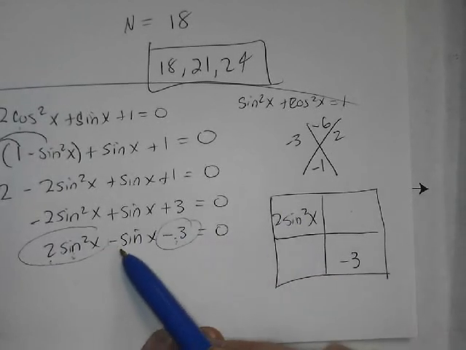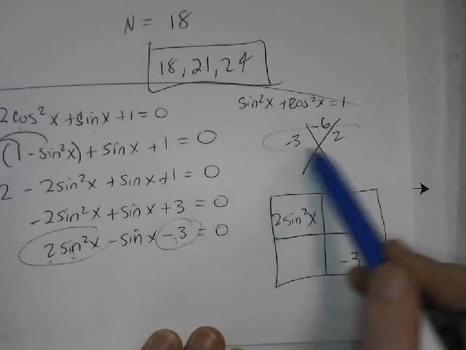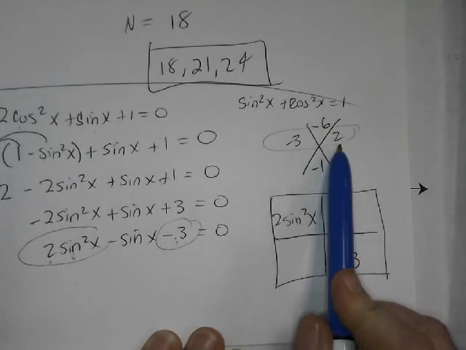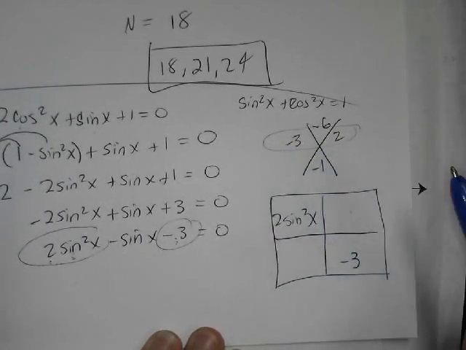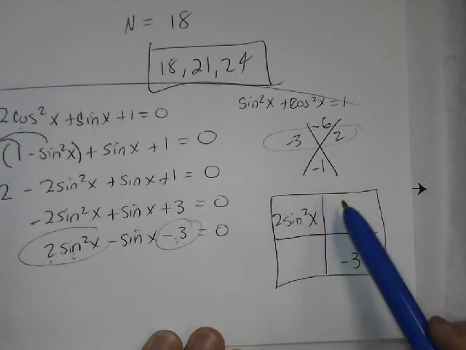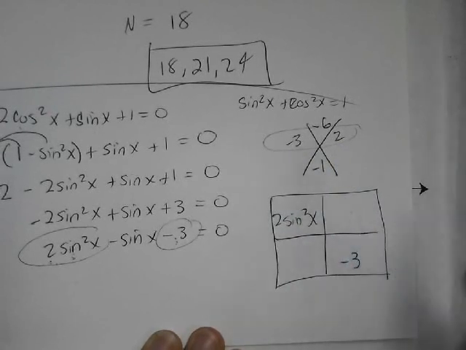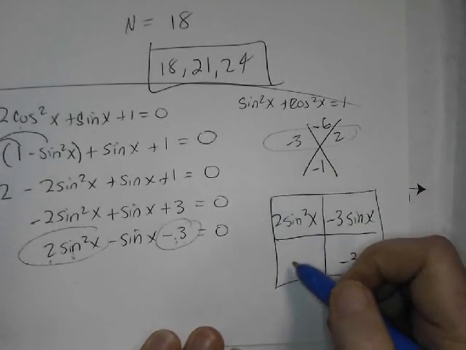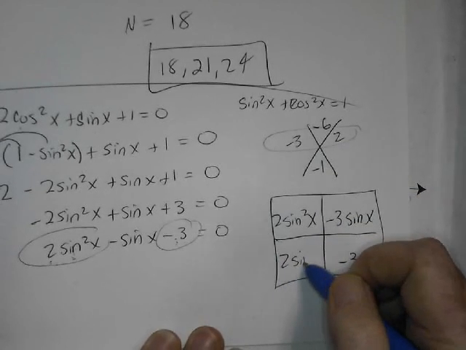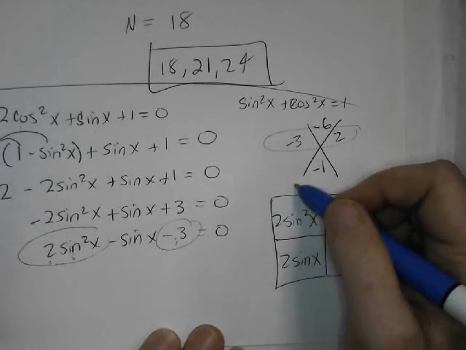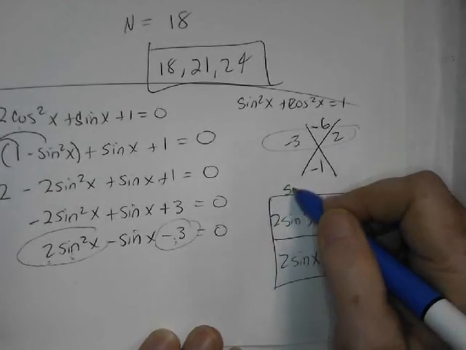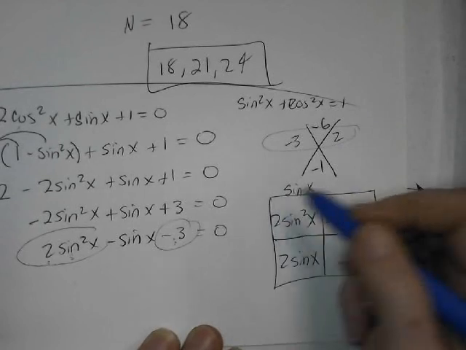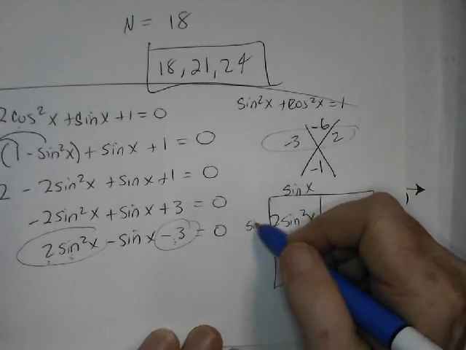And the negative 1, remember we split it into, it's the same as negative 3 and positive 2? These go in the two side boxes. It doesn't matter which way you do them. And then you figure out what goes up above, like this is going to have a sine x. Sine x times sine x equals sine squared x.